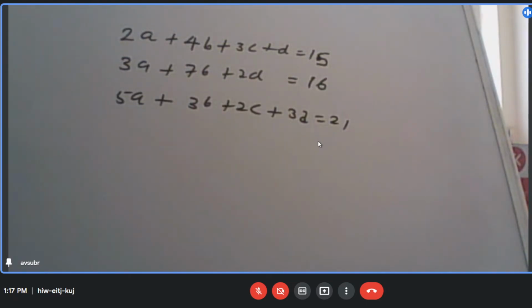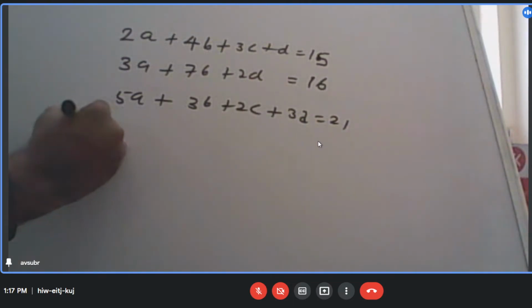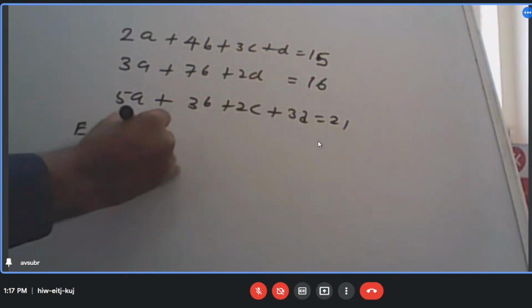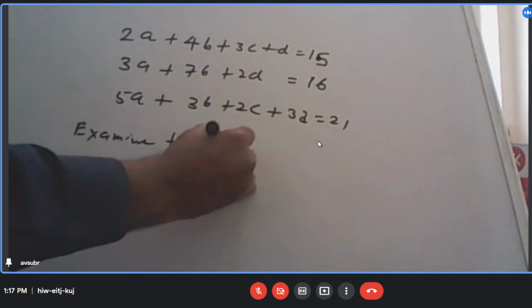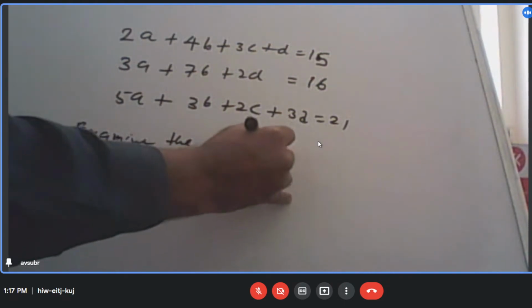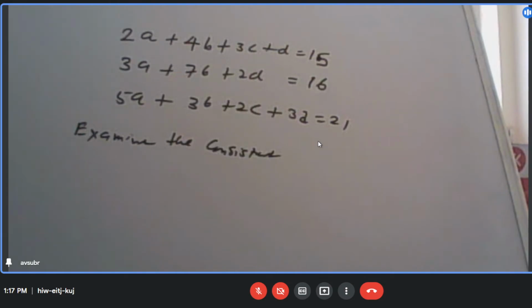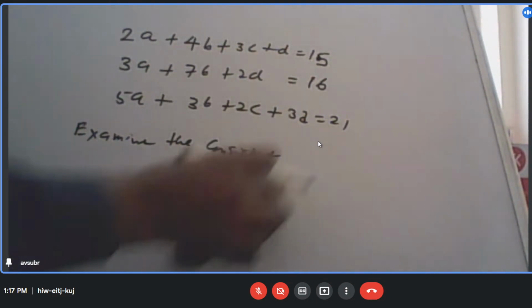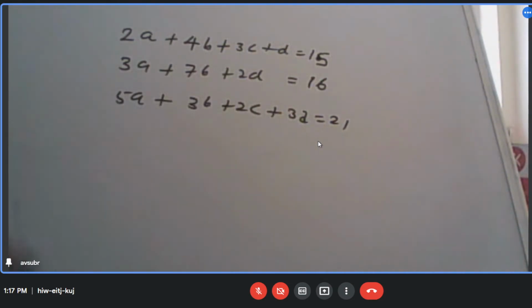Now first of all, we have to examine the consistency, which means we have to check whether it is consistent or not. If it is consistent, then we have to solve with the help of Gauss elimination method, which I have already described.